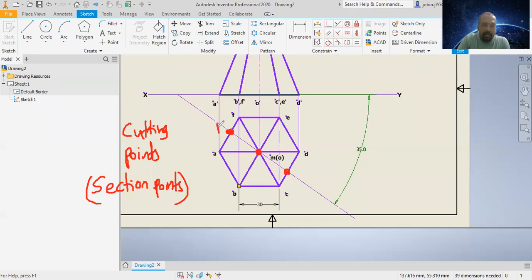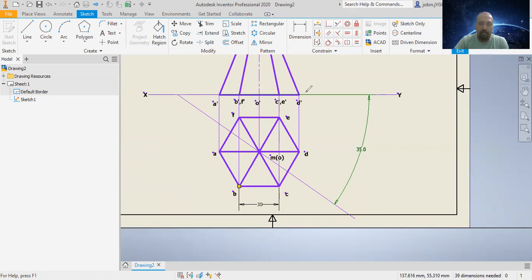The cutting plane cuts the edge AF, then the apex, and this side CD.